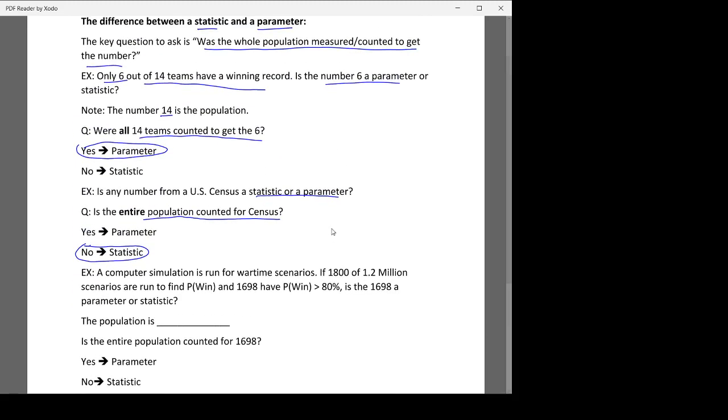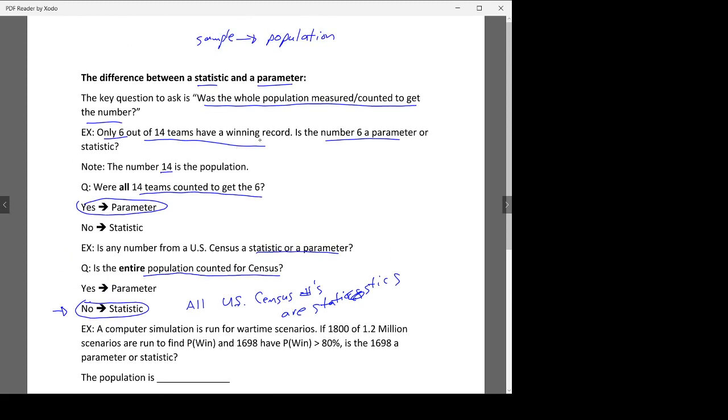And so right there you say no. So everything you read from the U.S. Census, anything you get out of that, is a statistic. I can't seem to write statistics. All right. Let's try another one. Basically, if you have a sample, you have a statistic. If you counted the whole population, you have the parameter.